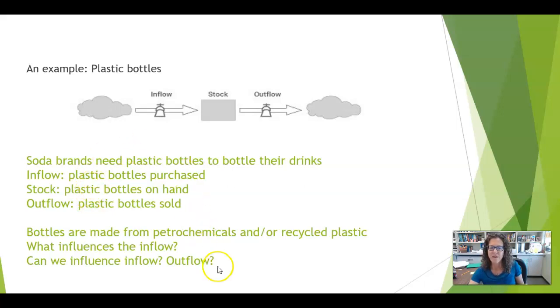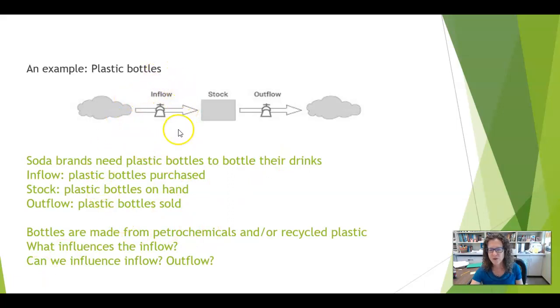And this is where feedback loops and understanding of inflows and outflows can help us. What are some of the ways in which companies can increase inflow, or some of the ways in which companies can decrease outflow?